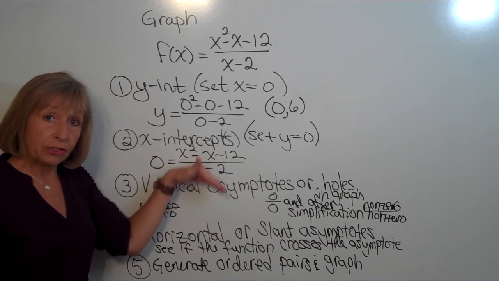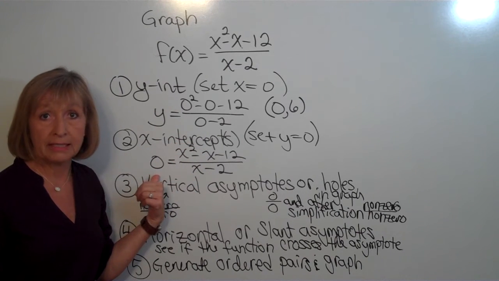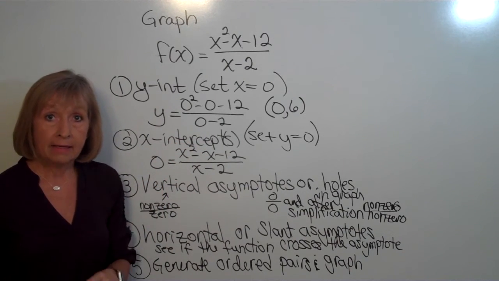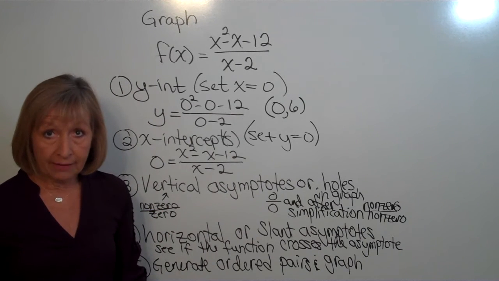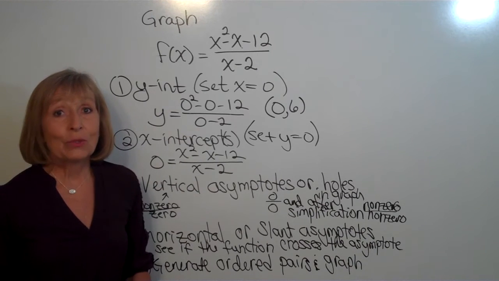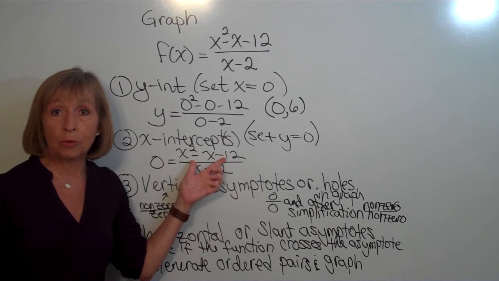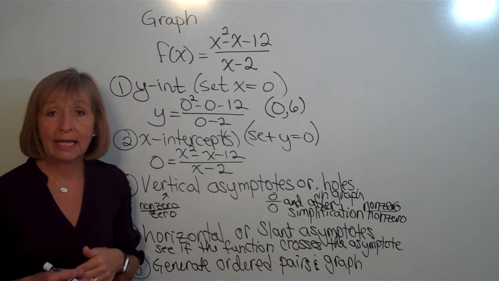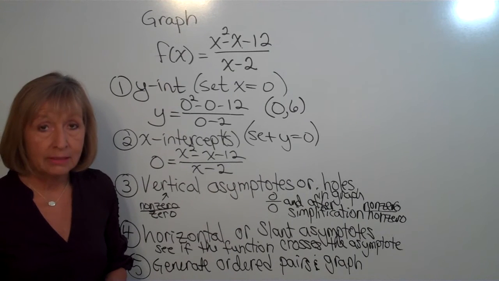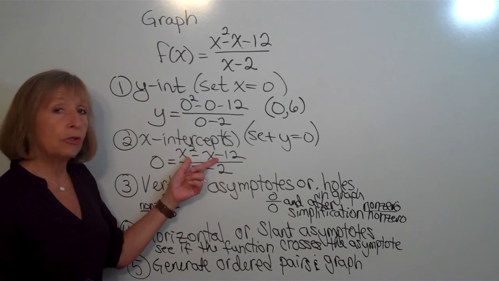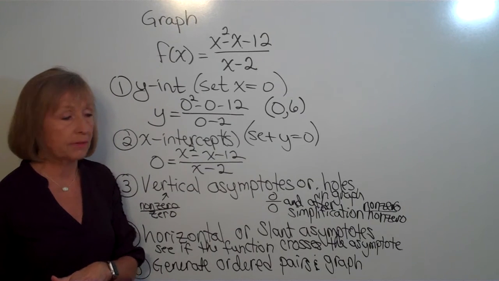Now, this is a fraction, and a division will only come out to be a 0 answer if I have 0 in the numerator and I don't have 0 in the denominator. So what I want to do is find the values of x that make the numerator 0, and then double check that they don't make the denominator 0. And the x's that make the numerator 0 but not the denominator are the x-coordinates of my x-intercepts.